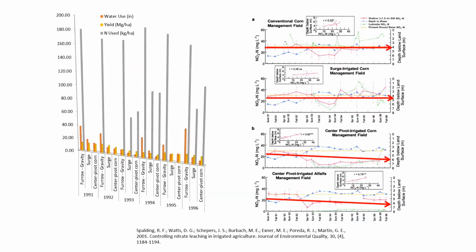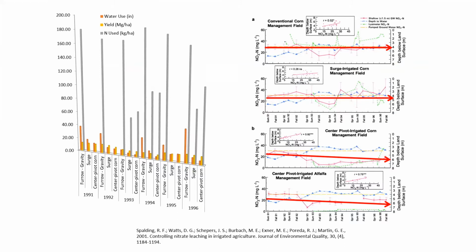And just to focus in on the results of that study, we can see under the conventional and surge irrigated corn, we saw essentially no change in nitrate-nitrogen leaching below the surface, below the root zone. But we did see, or we were able to statistically find, a reduction in nitrate-nitrogen leaching below the root zone and into the shallow water table.